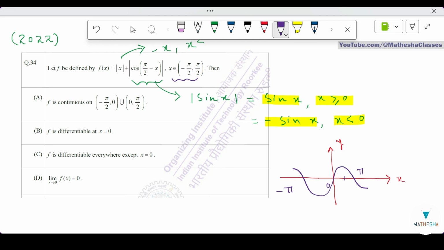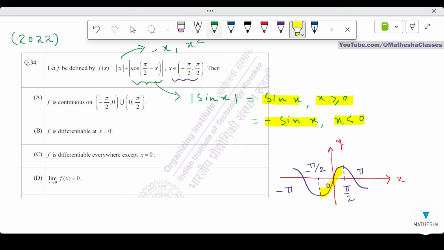You just require to consider sin x till pi by 2 on the right and minus pi by 2 on the left. You just require to consider that much part of sin x.